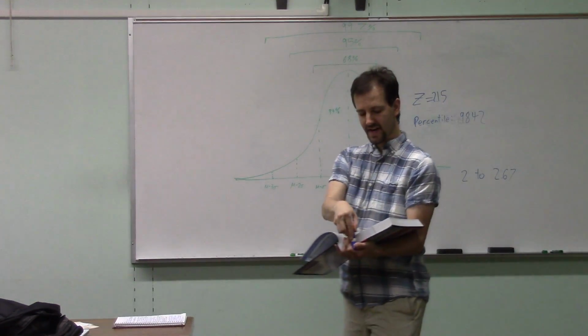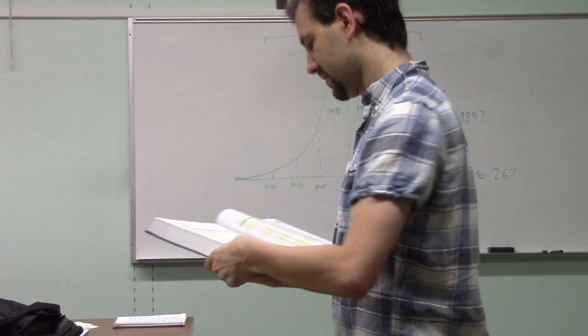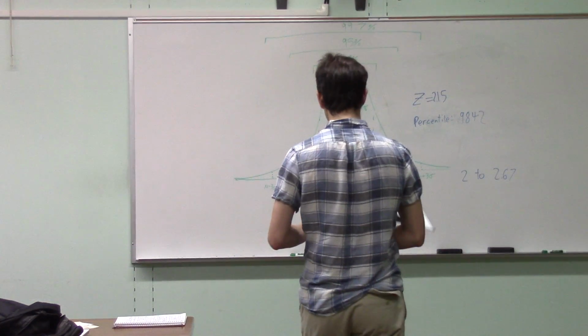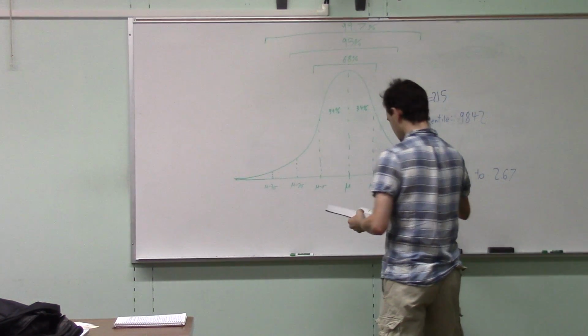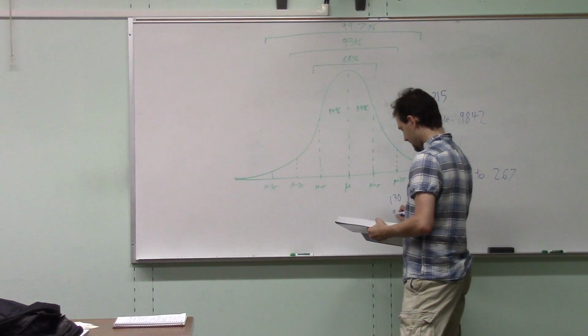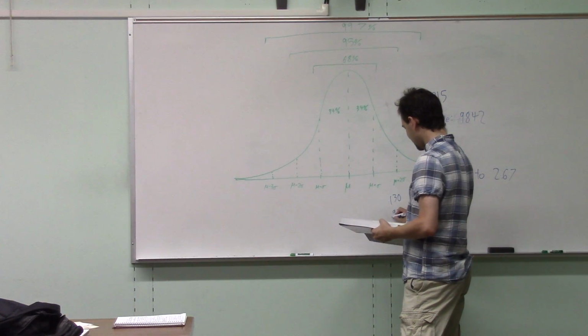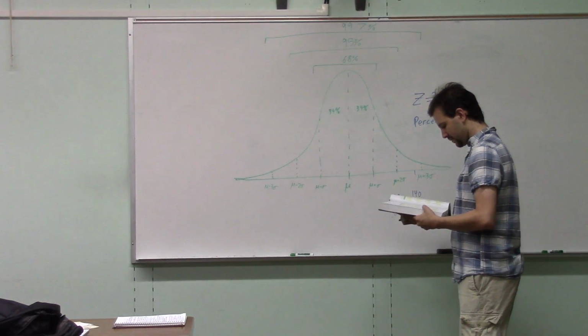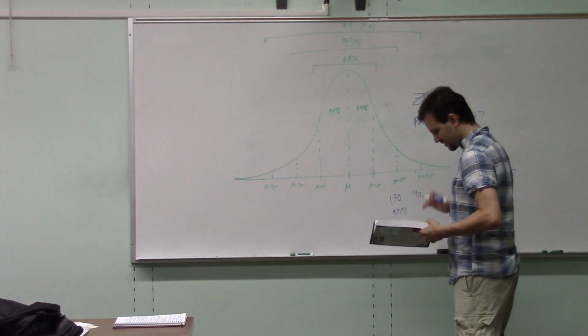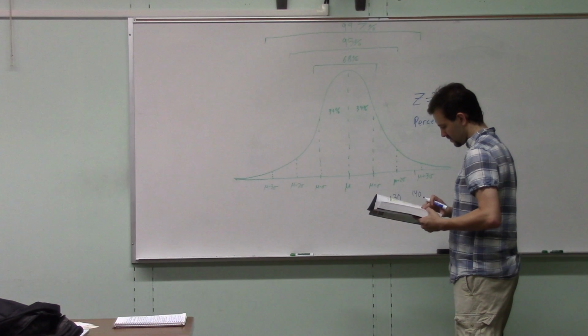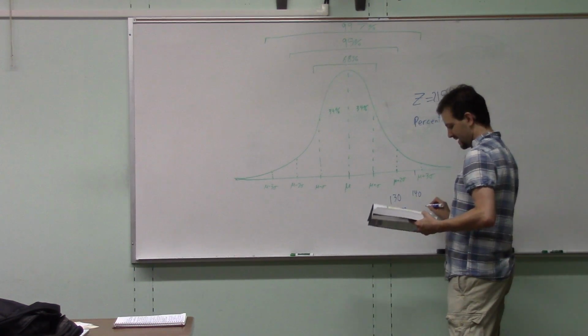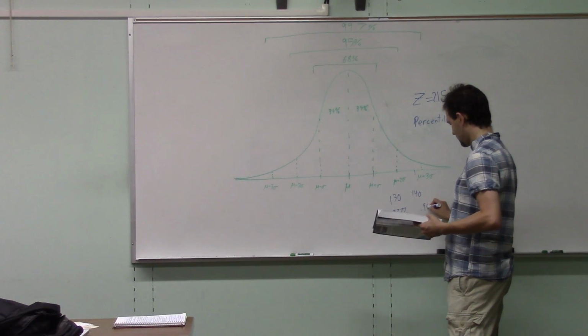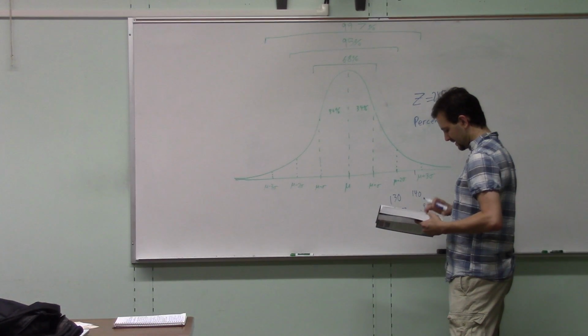Well, I can figure that out using this table pretty easily. I'll find 2.0, the percentile here is 97, the 97th percentile. The percentile for 2.67 is 0.9962, unless my eyes just deceived me.